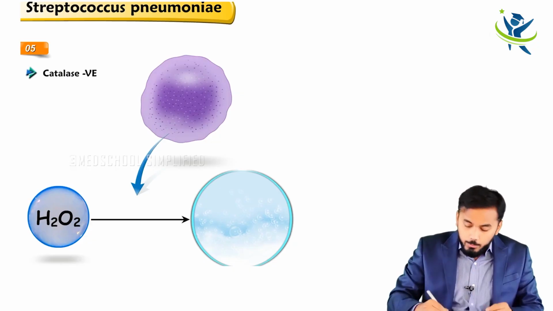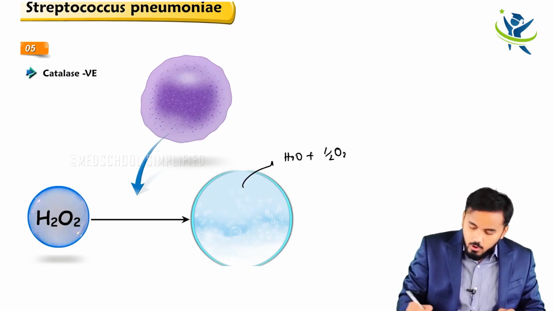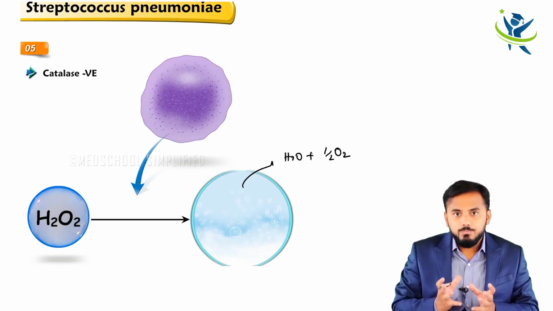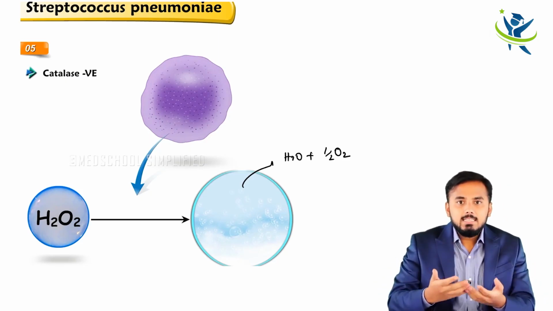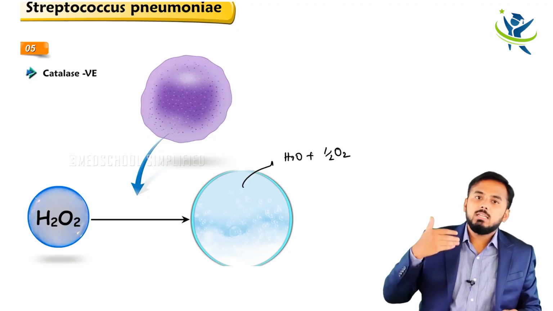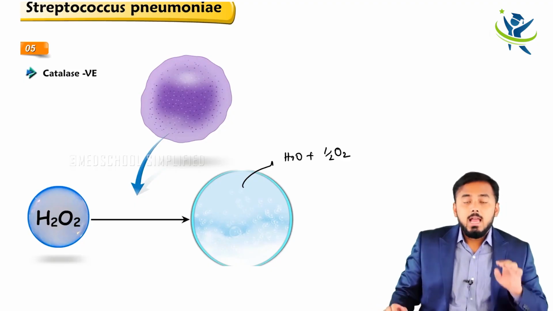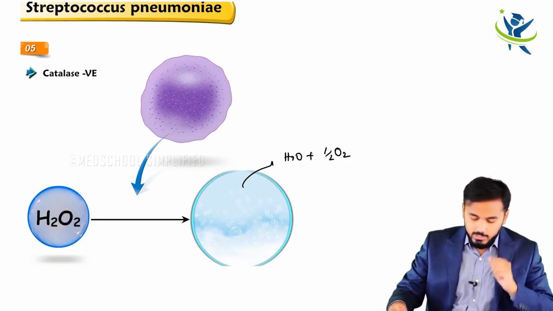What is foam? Foam consists of water plus half mole of oxygen. That is what forms the foam. If a bacteria is releasing catalase, it is called catalase positive. If a bacteria is not releasing catalase, it is called catalase negative. So unfortunately, this bacteria is not releasing catalase. So this is called a catalase negative organism.